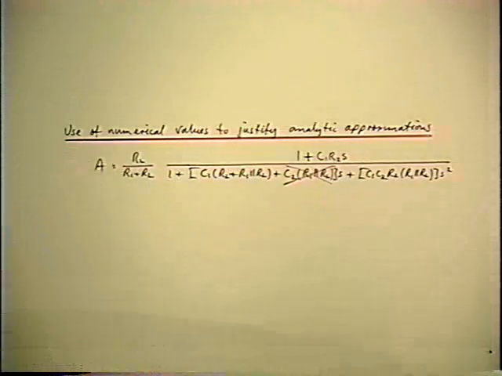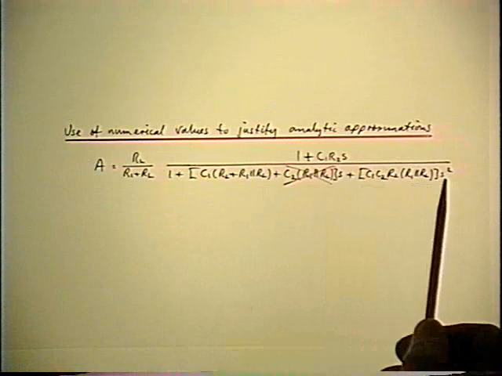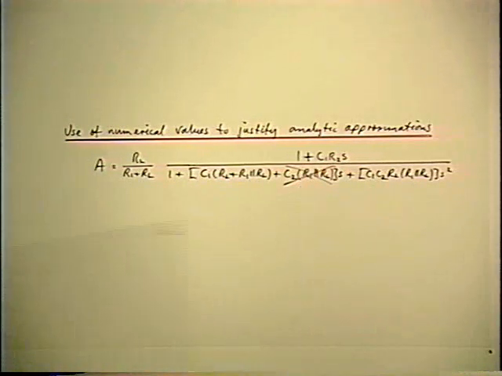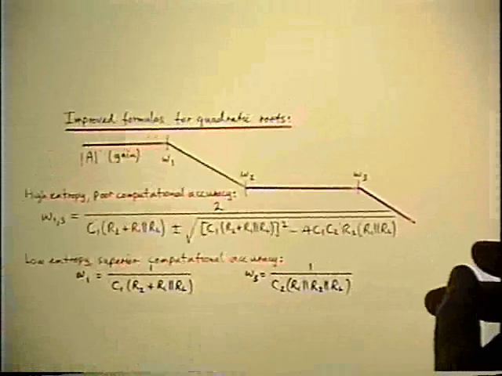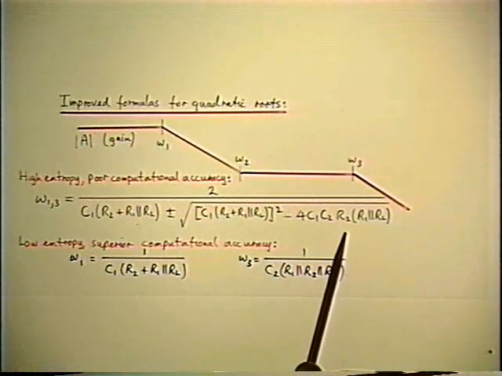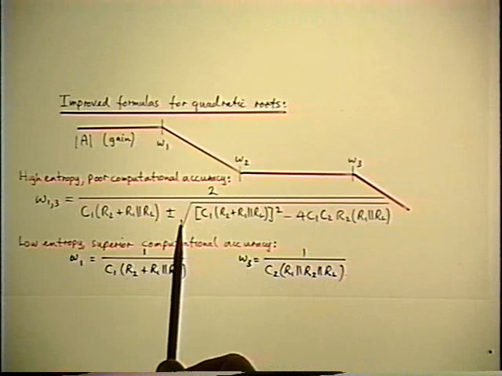And the very next step to that is, you notice that the denominator of this expression is a quadratic in complex frequency, and it's still a quadratic even if you drop that term. So you know the quadratic is going to have two roots, which are the poles of this particular transfer function.